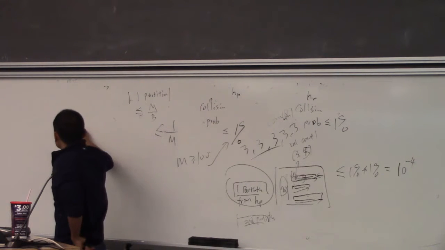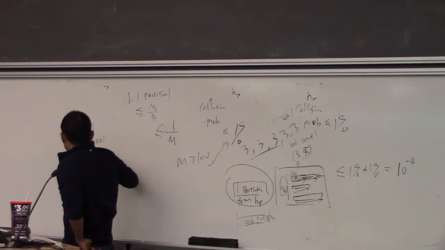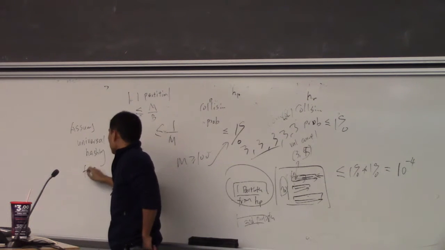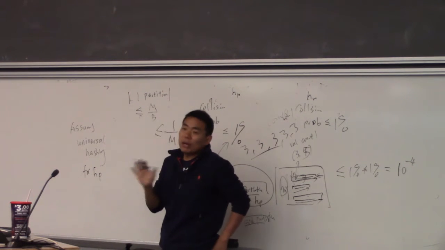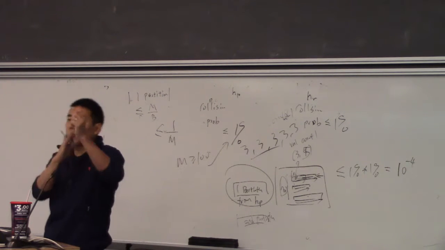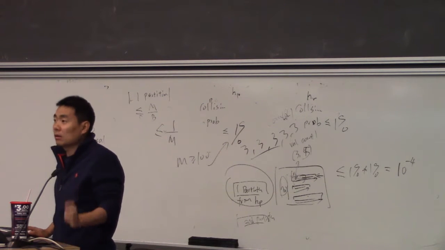Assuming we are using universal hashing for HP, we can safely assume that the distribution to different partitions is balanced, unless you have a really skewed distribution, meaning a lot of duplicates. Suppose that's not the case we're dealing with.